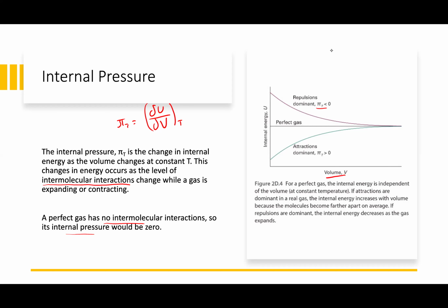But if there are attractions that are dominant, then as we push them together, everything is going to be attracted more, and so the internal energy is going to change.